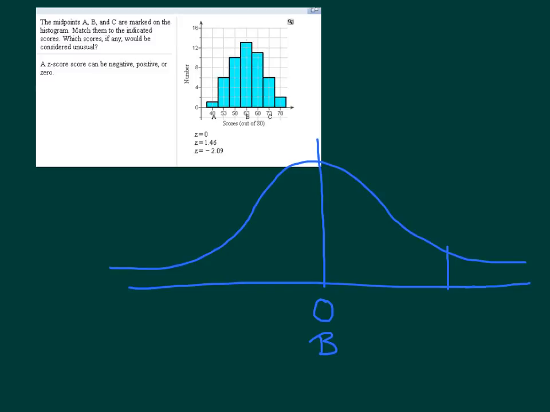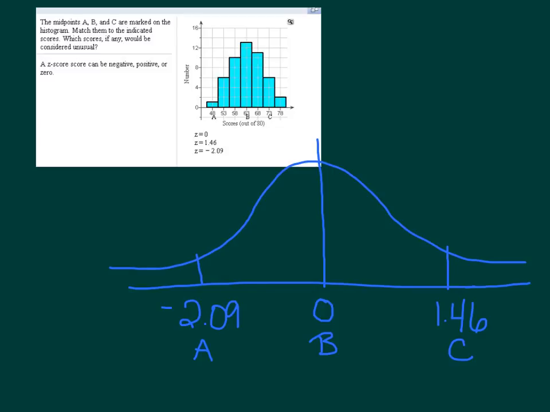So C would be our positive z-score of 1.46, and I know that because it's positive. And on our left is going to be our negative z-score of -2.09. And I know it's that one because it's negative. So that is our A. And that's how I would answer that question.